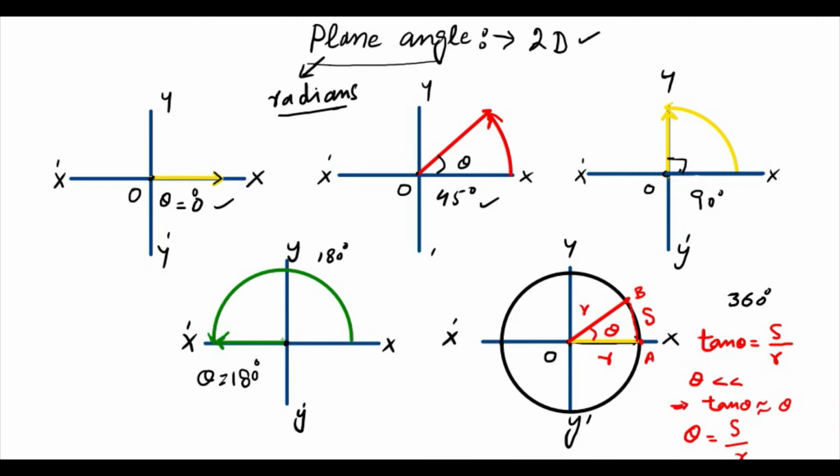So if we want to measure 1 radian, how can we do that? We have the basic equation that theta is the arc divided by the radius of the circle. This holds for any distance.